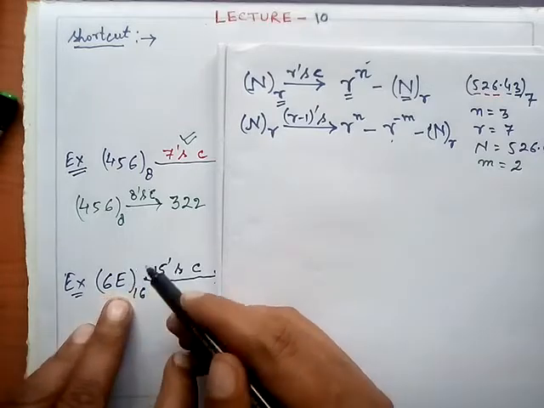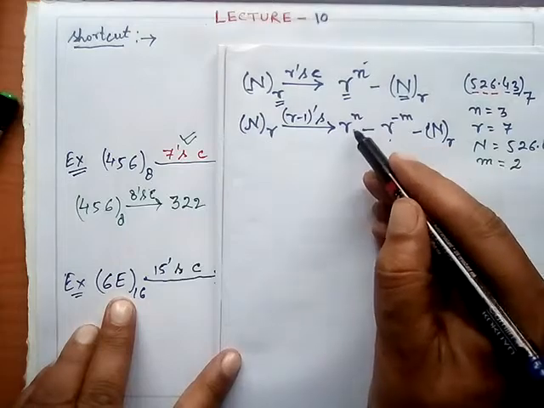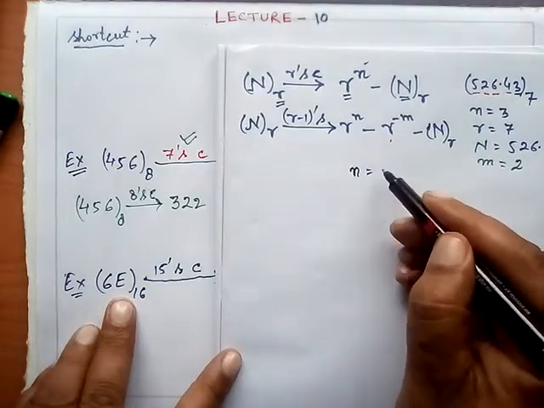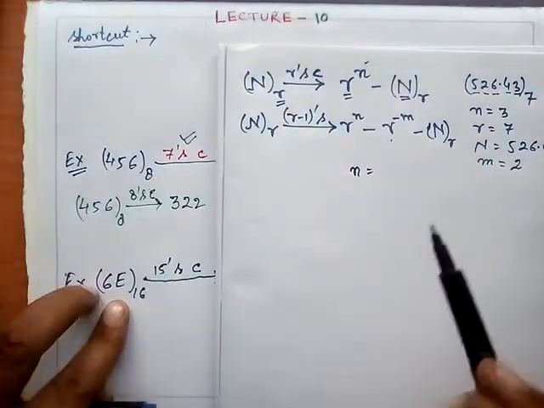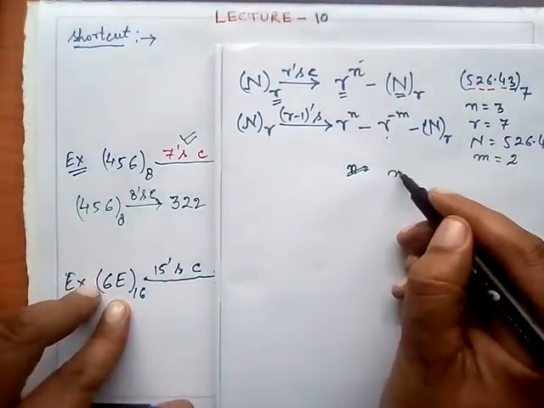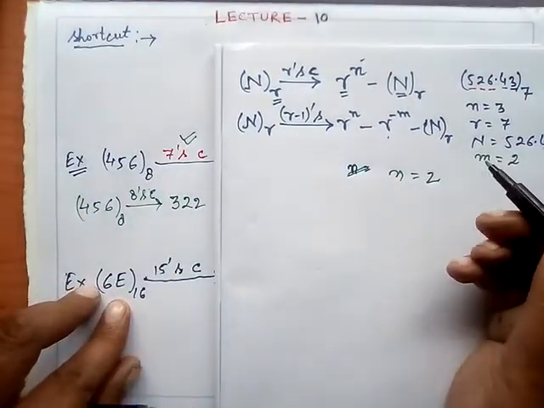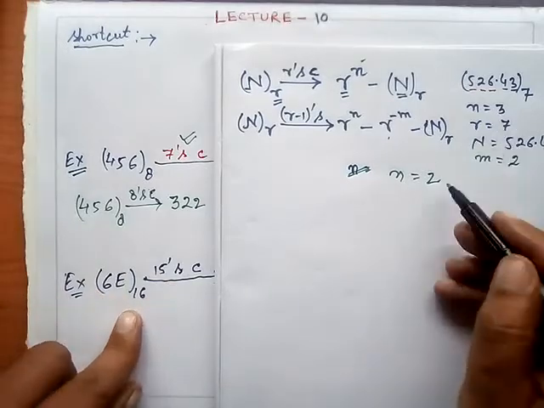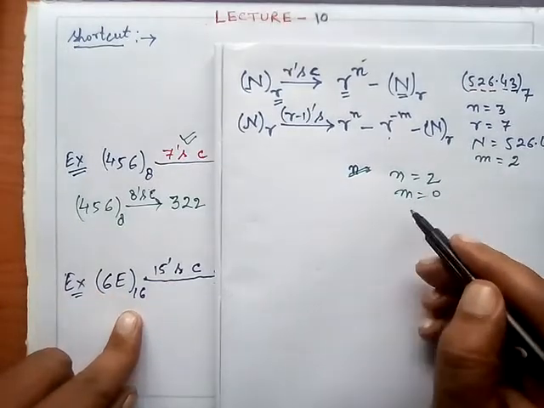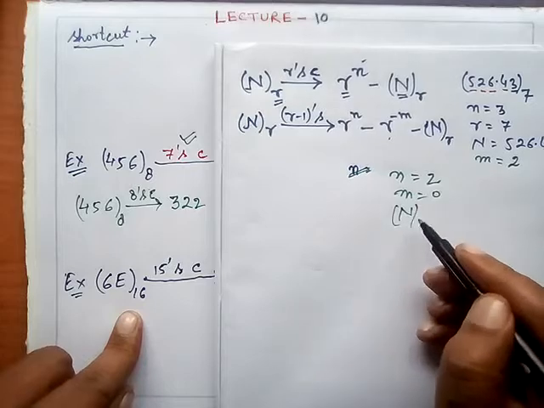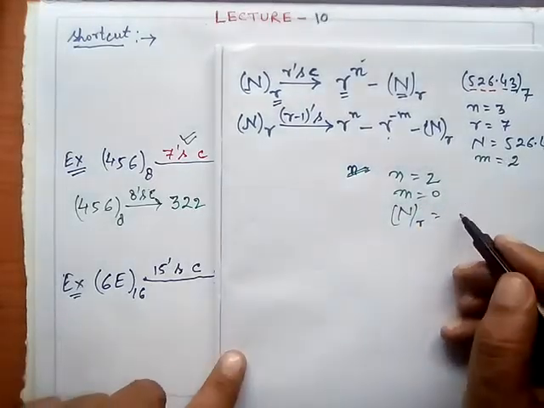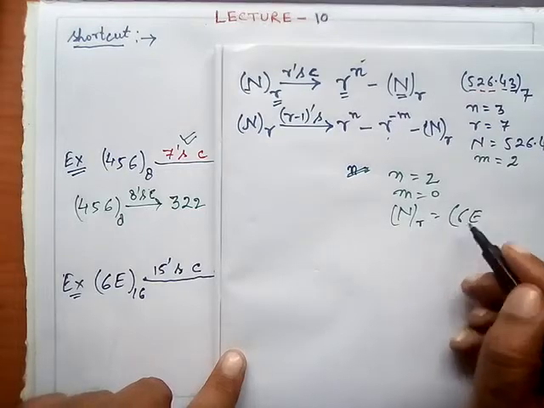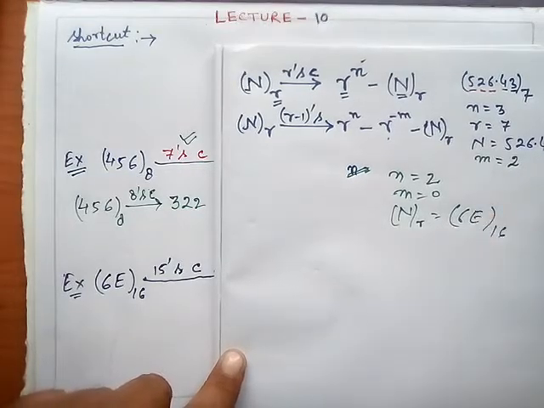So in this problem the value of n is 2, the value of m is 0, and the number with base r is 6e with base 16. I hope this is clear to you.